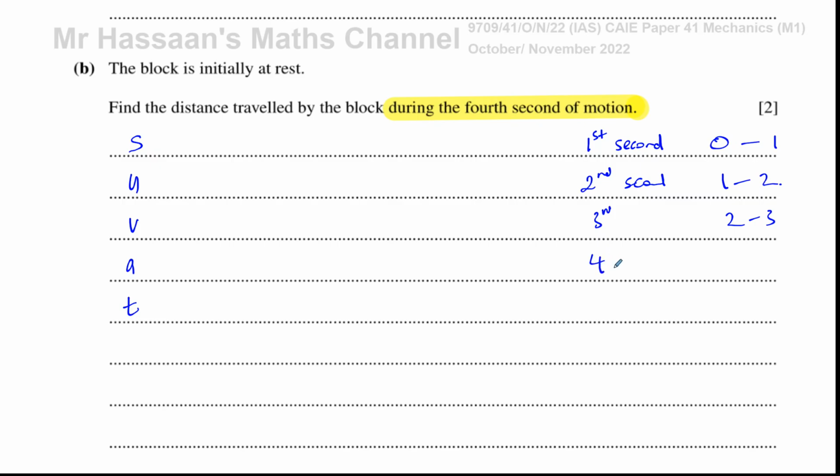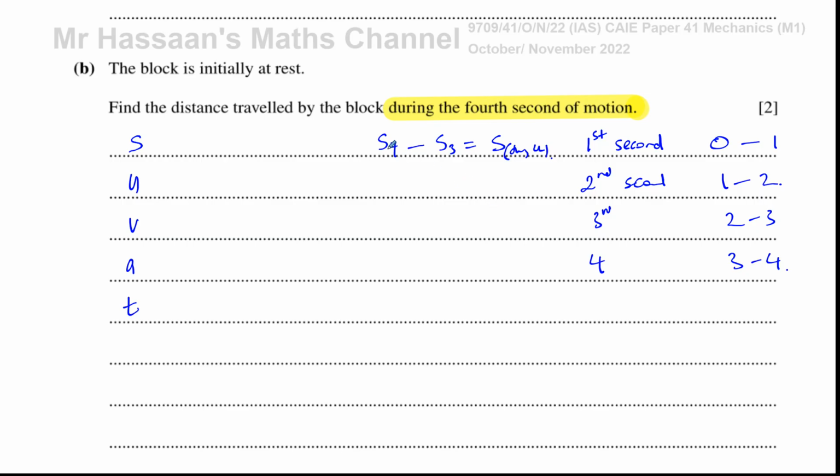And the 4th second would be between the 3rd and 4th second. So what we got to do is find the distance traveled over the first 4 seconds minus the distance traveled over the first 3 seconds. And that's going to be the distance traveled during the 4th second. That's what we're looking for, right?